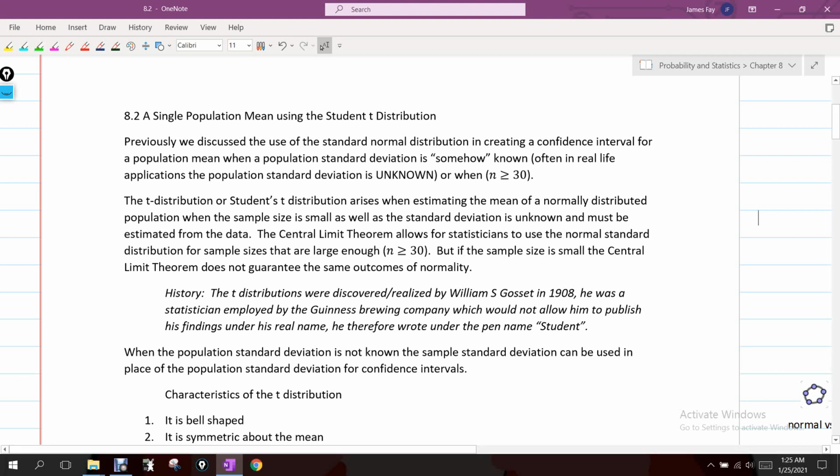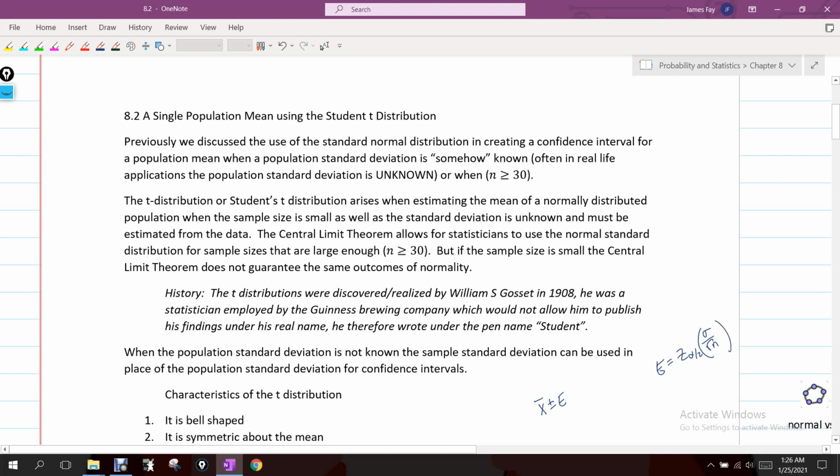It says when the population standard deviation is not known, the sample standard deviation can be used in place of the population standard deviation for confidence intervals. Okay, so in the confidence intervals that we've been dealing with, where we said x bar plus or minus my error, my standard error, which we were finding that E was equal to z sub alpha over 2 times sigma over radical n.